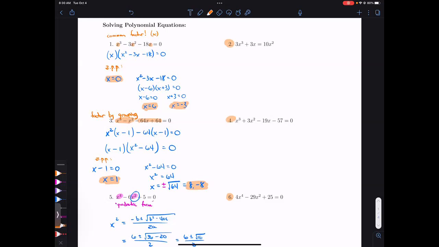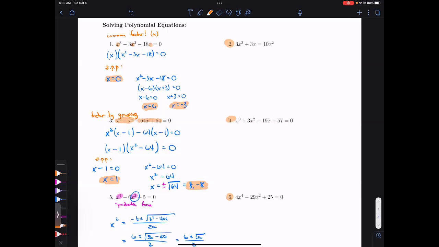Yes, b squared. Oh, actually, so b squared minus 4a. Right. Yeah. So if you're going to try to factor, identify the numbers that multiply to a times c.